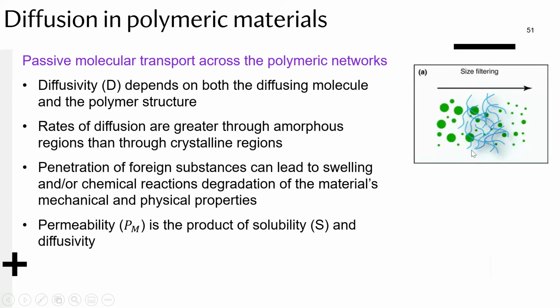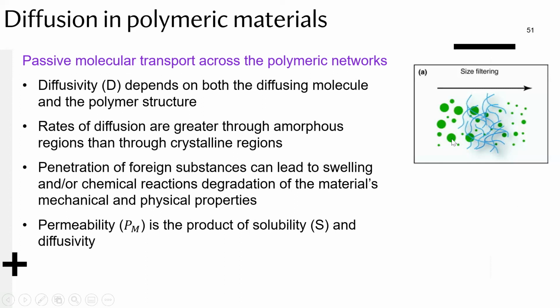Now, this phenomenon depends on both the molecule that's trying to diffuse as well as the medium, in this case, the polymeric network. So what does it really depend on? Well, you can kind of guess.